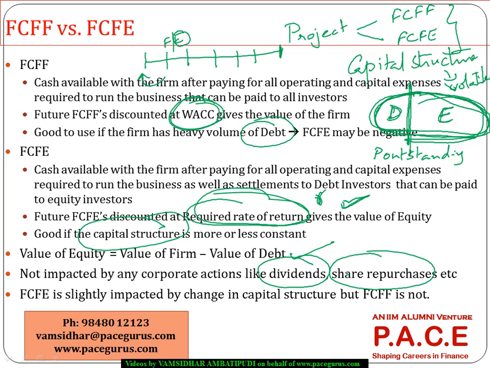And similarly, any change in the capital structure, leverage increasing, decreasing, it may not impact the FCFF at all. To some extent, it will impact FCFE, because in FCFE we are talking about subtracting the payments towards the debt investors in terms of interest payments as well as principal payment.